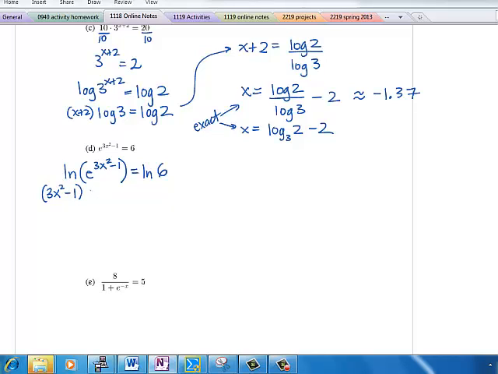Move the exponent down, multiply by the natural log of e, and then remember that the natural log of e is the exponent you put on e to get e, and that's just 1. So we've really got 3x squared minus 1 times 1.